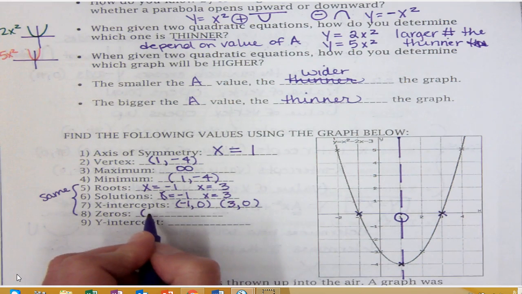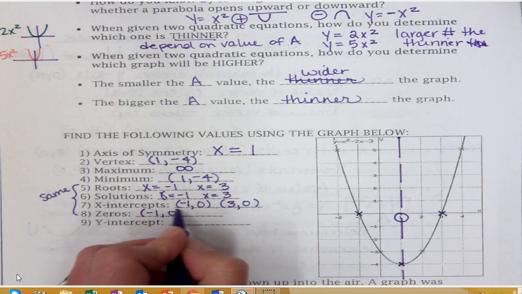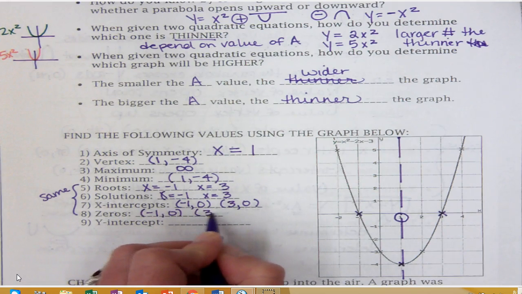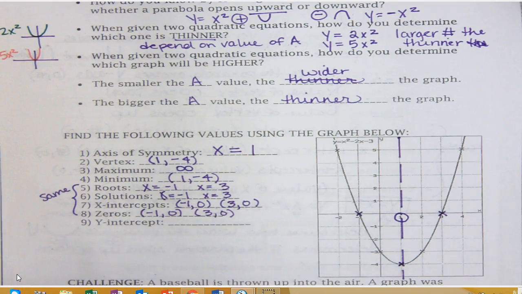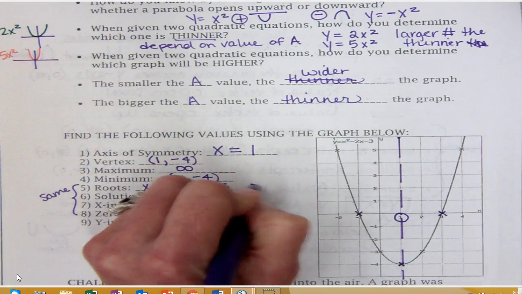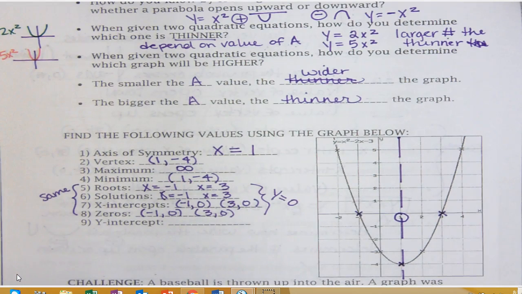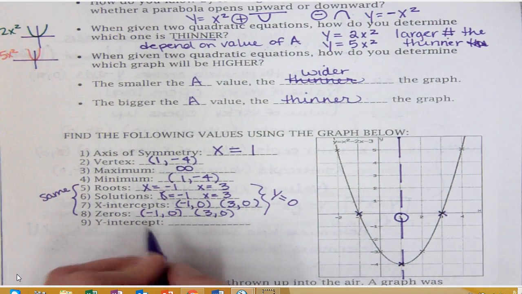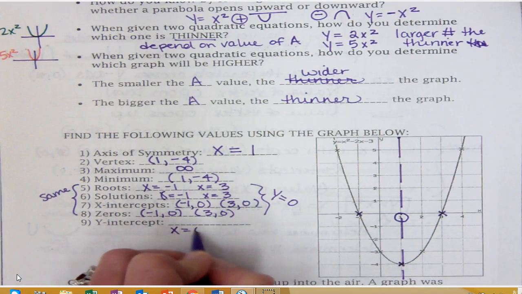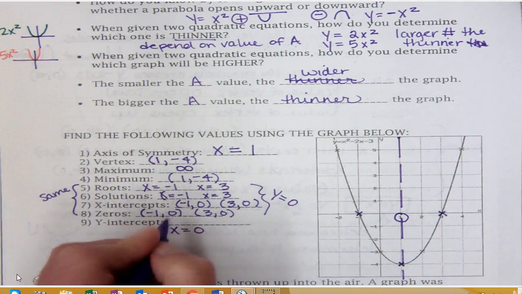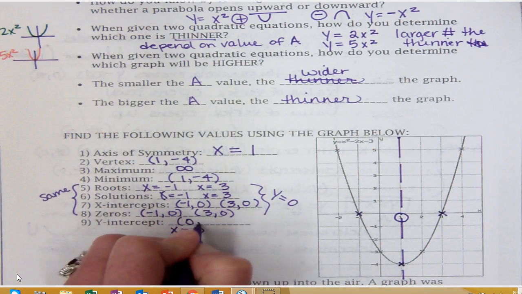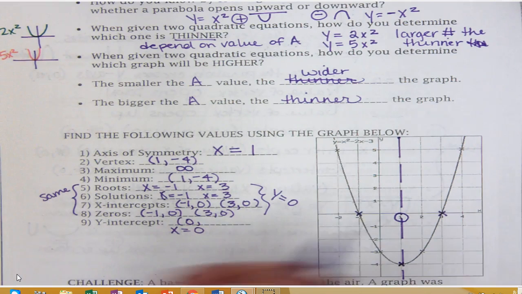And same with my zeros. They will be written in an ordered pair. So this is where y equals 0. Just like our y-intercept is when x equals 0. So when x equals 0, what is my y value?